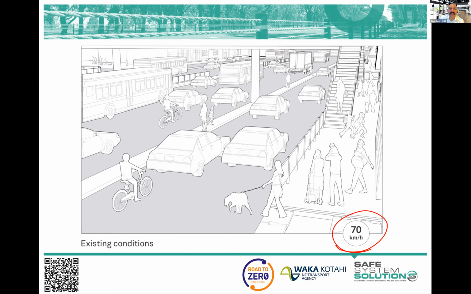Do remember, though, that if you have identified in your movement and place categorization that it has high place value, really things like barriers, even things like overpasses and the like, are not aligning that well with that aspiration.